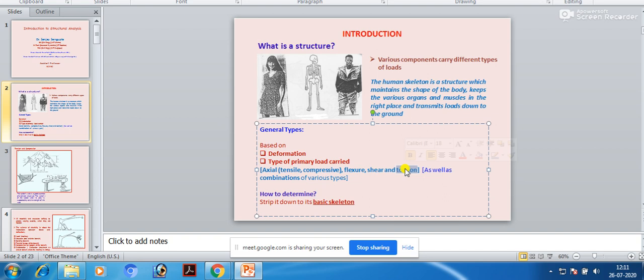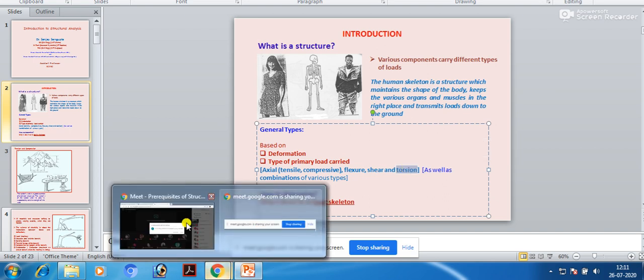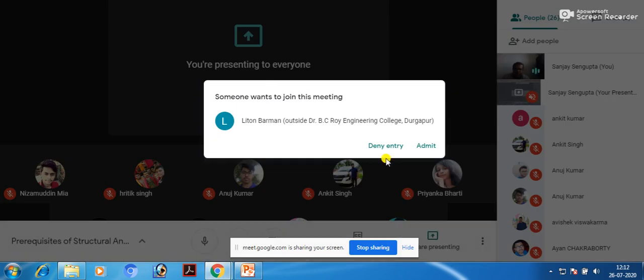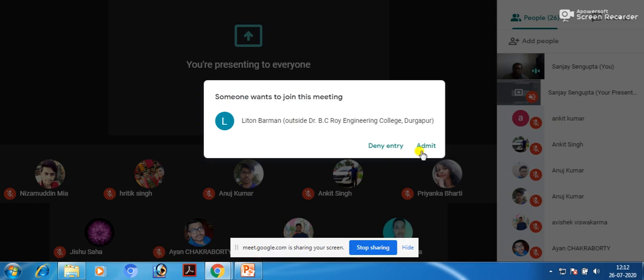When we throw a ball, we are stretching our hand, so it's a tensile kind of force. When we are pulling something, we are stretching it, so some pulling is coming and some muscles are getting compressed. Whenever it is happening, it will be a combination of everything.